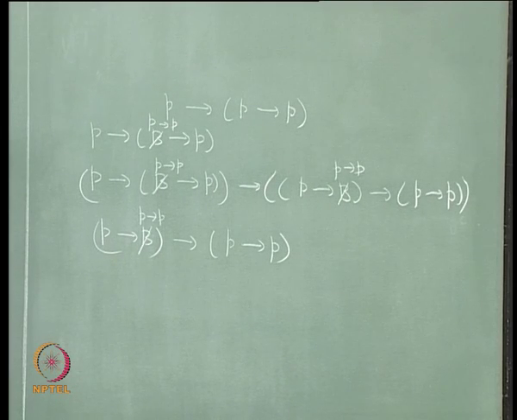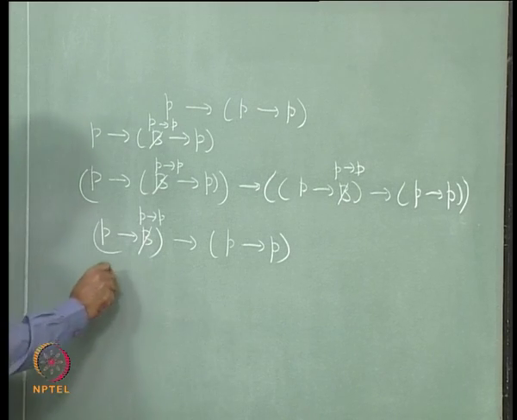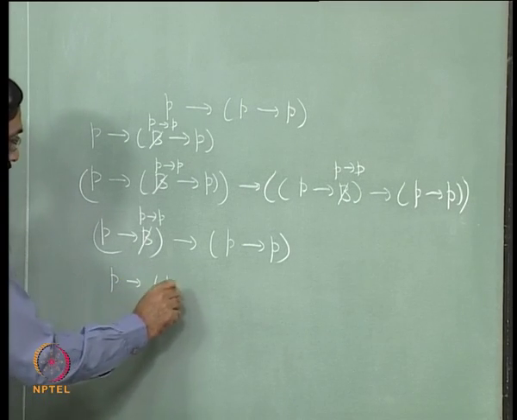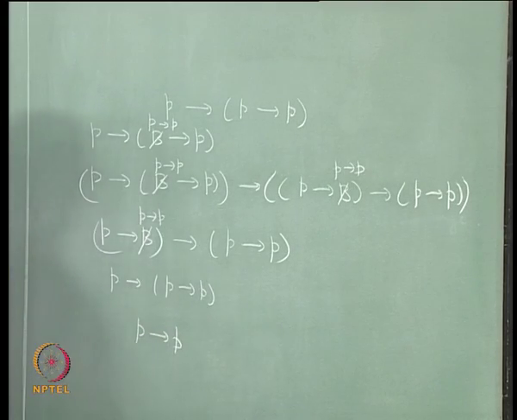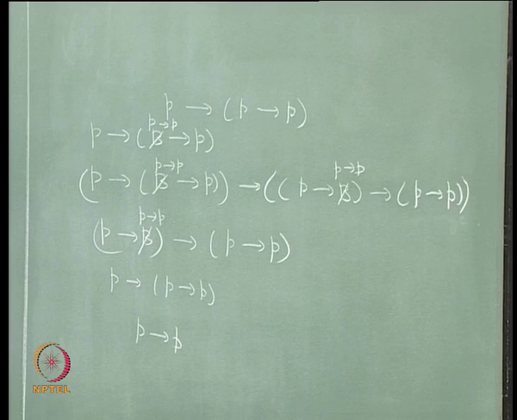Is that clear? Then I can introduce P implies P as A1 and I get P implies P. It is already there if you have it, so you do not have to introduce it again. Is that okay? This is how it will proceed. So, can we complete the proof?